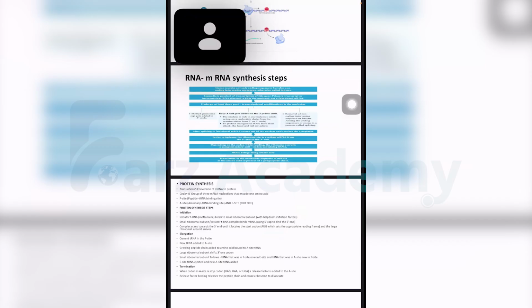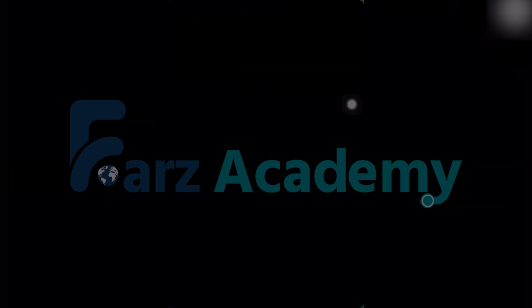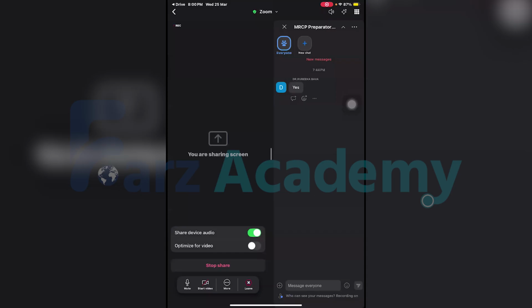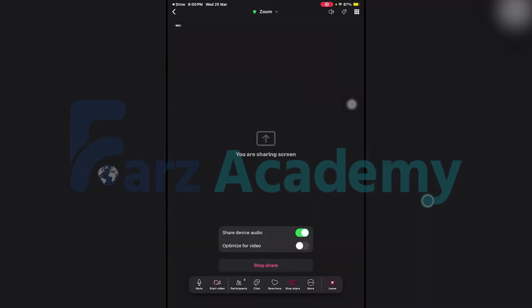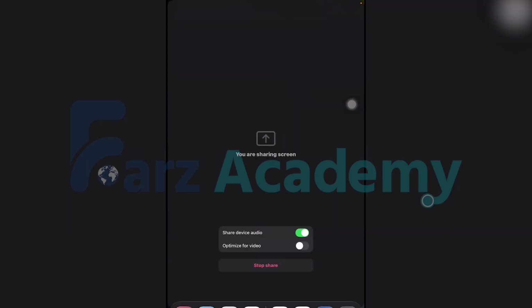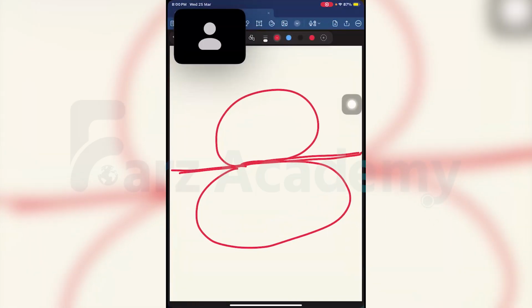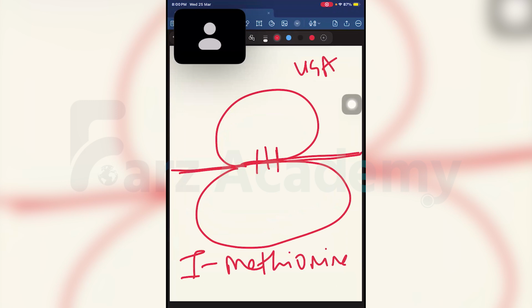Was the codon on mRNA or tRNA? Can anyone tell? Okay, so this was mRNA that had the codon. If you remember, I told you the initiation amino acid is usually fixed, and that is methionine. And there were three stop codons: UGA, UAA, UAG.